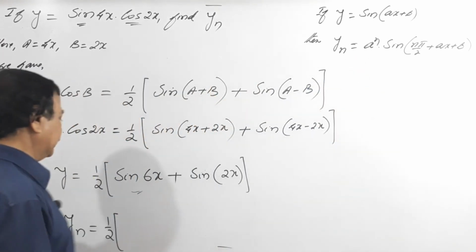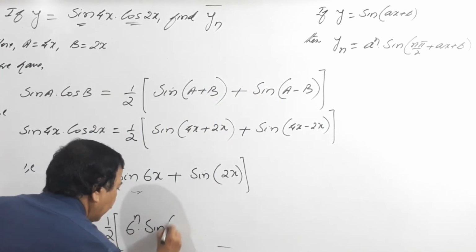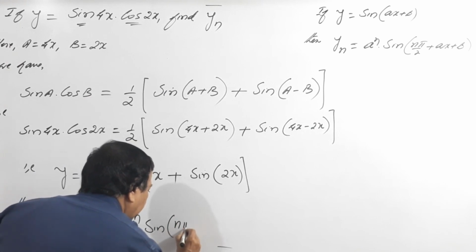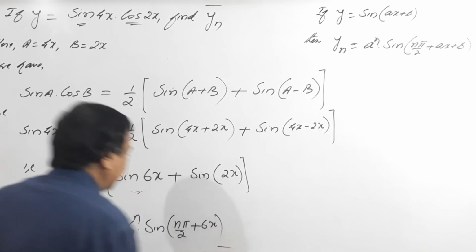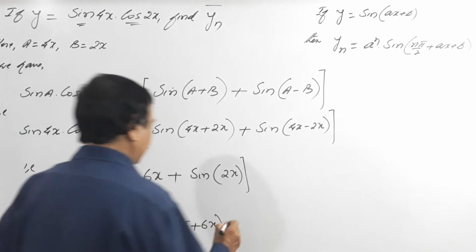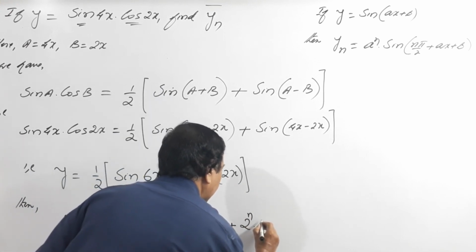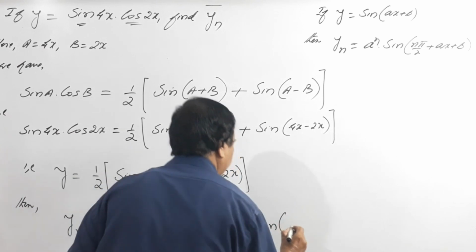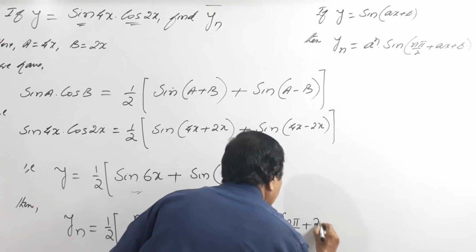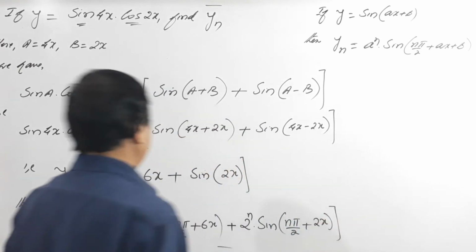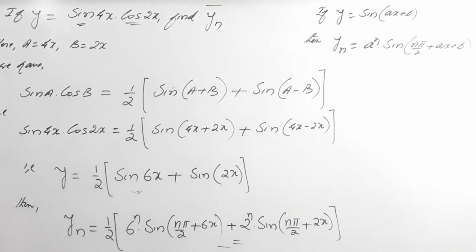A is 6, so 6 to the power of n sine of n pi by 2 plus 6x, plus 2 to the power of n sine of n pi by 2 plus 2x. This is the required answer.